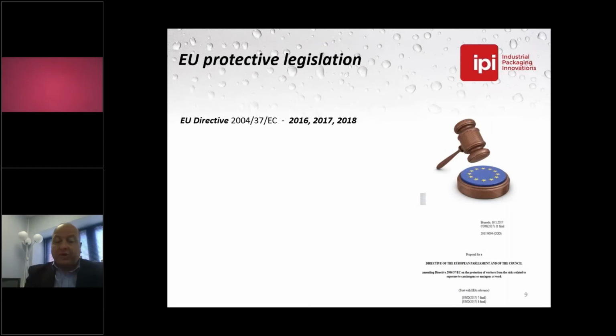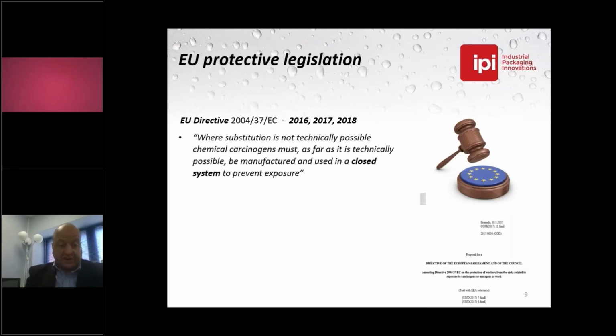We also find reference to this in the EU directives from 2016, 17 and 18. I'll just invite you to read that. So 16, 17, 18 and beyond. So it's actually mandated that for a carcinogen, a closed system should be used to protect exposure.